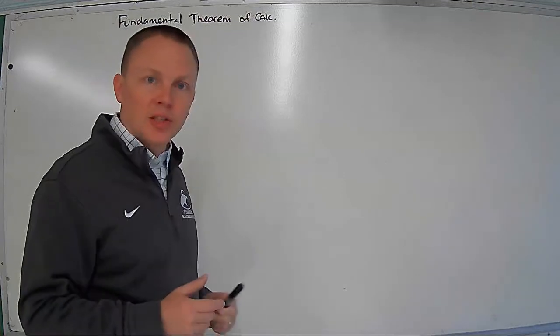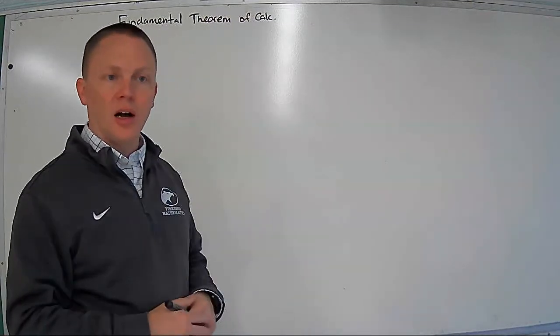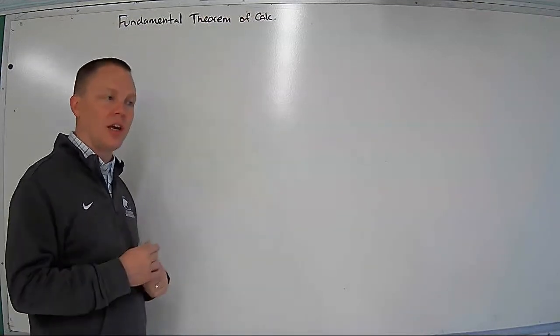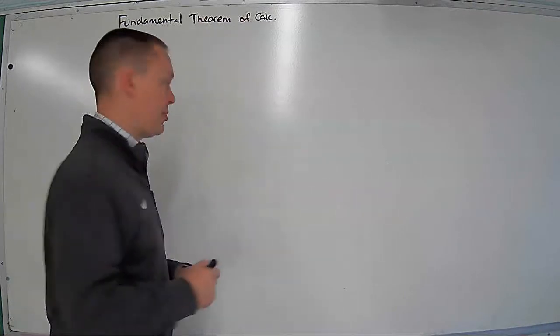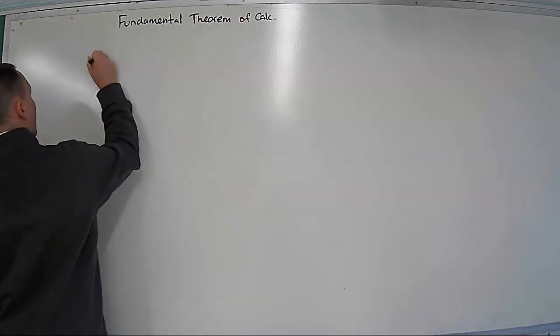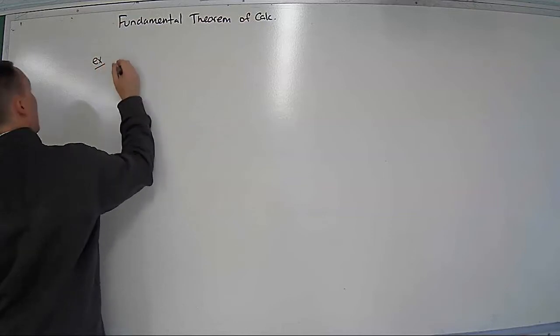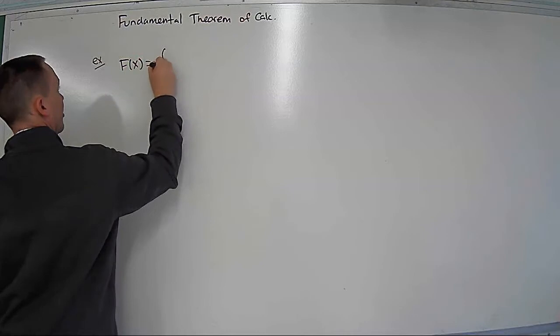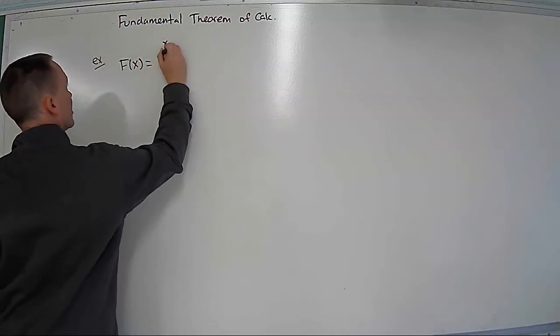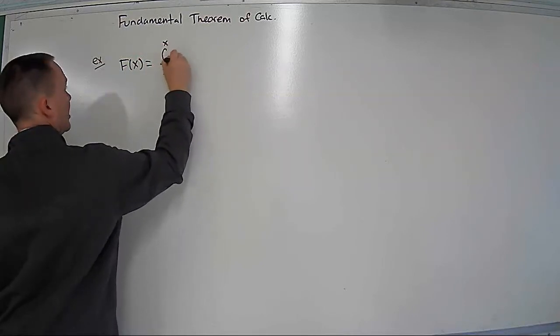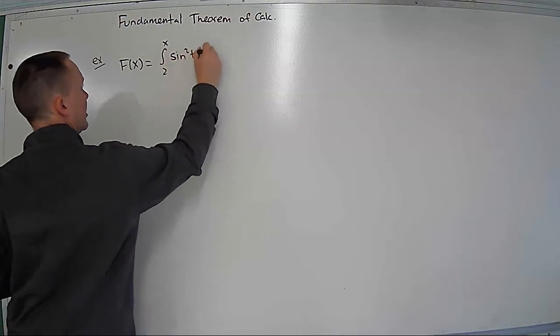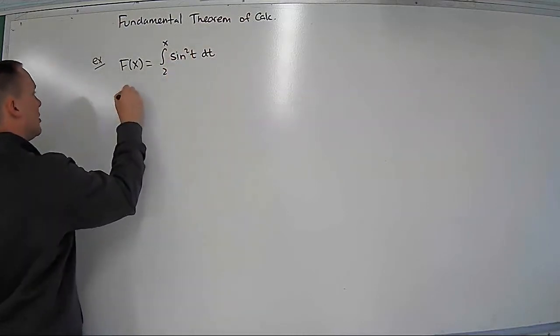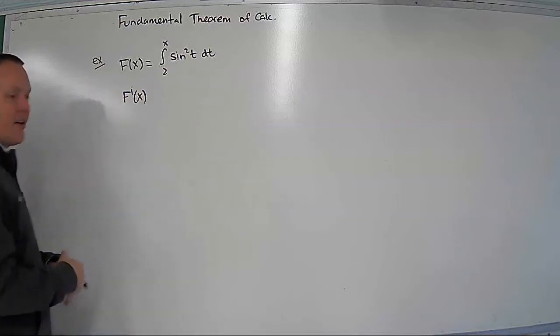Okay, so now we're going to look at some examples of this first Fundamental Theorem of Calculus, Part 1, I should say. We'll look at some examples algebraically. So here we go. Example number 1, let big F of x equal the integral from 2 to x of sine squared t dt. What's big F prime?